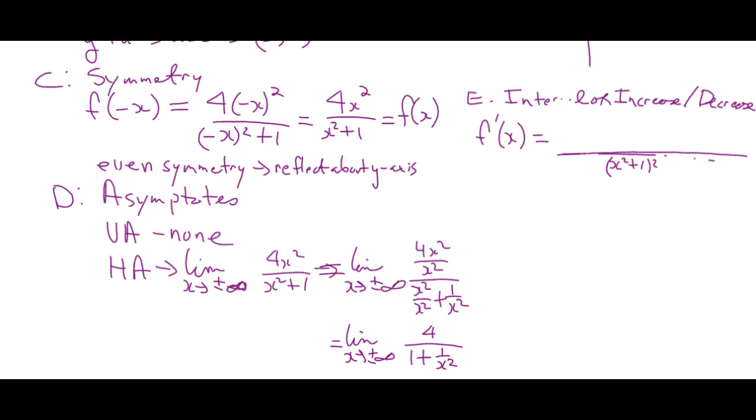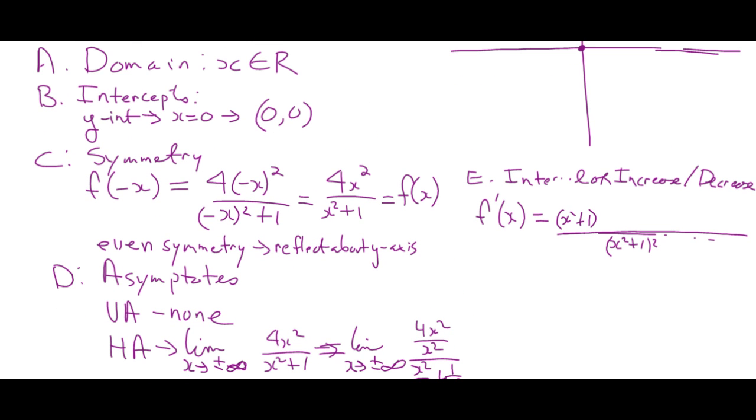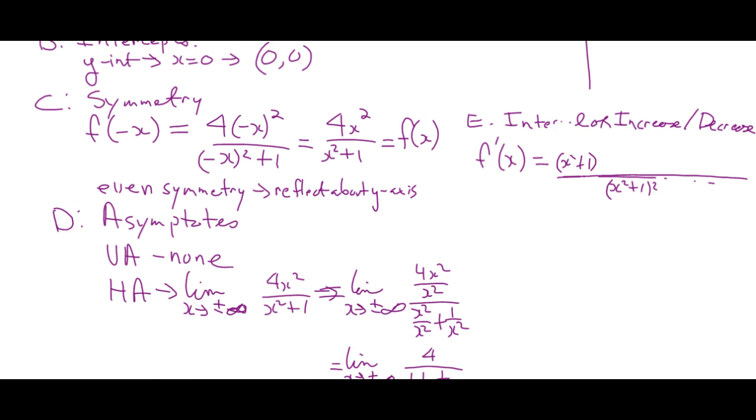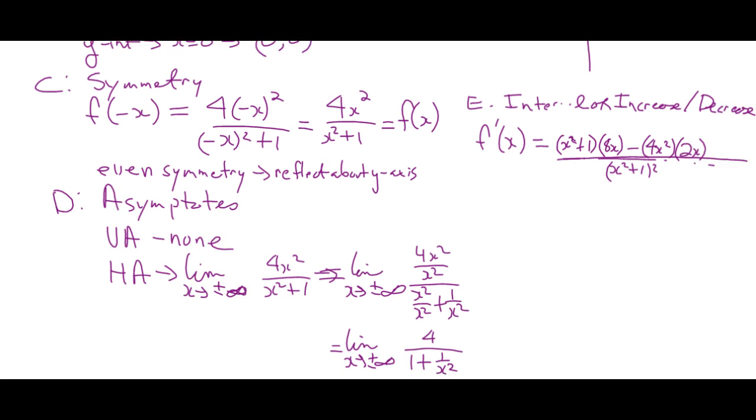Start over. 8x, right? Minus 4x squared times 2x.